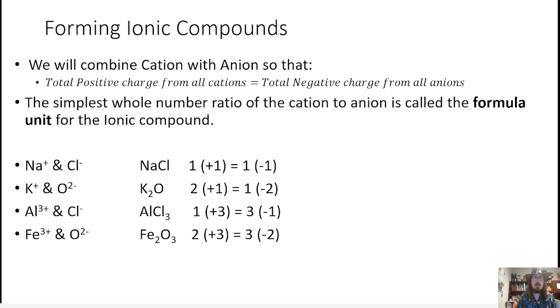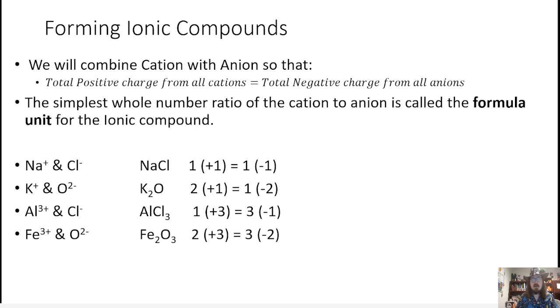But in ionic compounds, we are always striving to make a neutral compound. If it's not neutral, it's still a charged molecule, so it would still be an anion or a cation. And so our compounds will always be neutral, and because of that fact, we have a reliable way of naming them and understanding why they are combined in such ways.